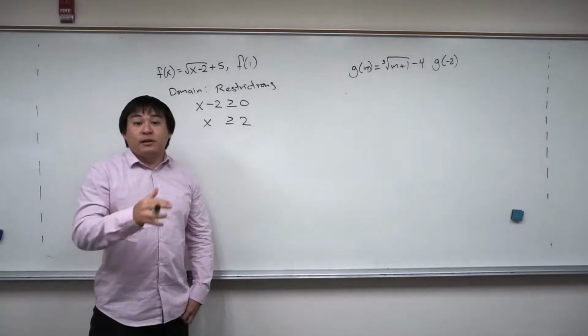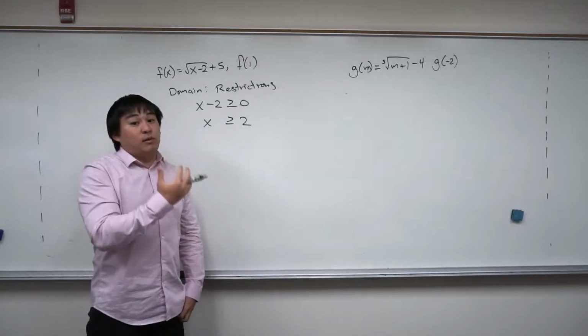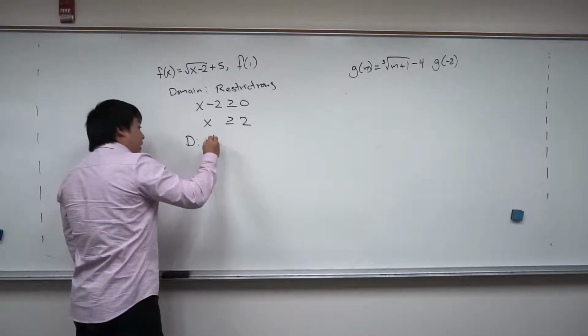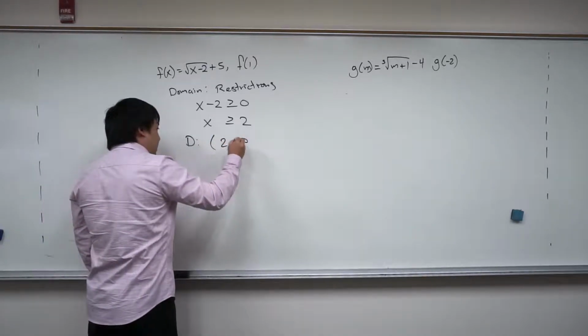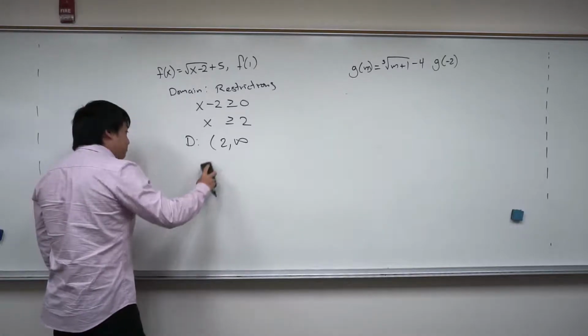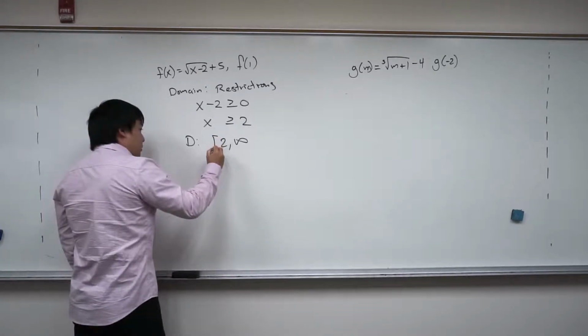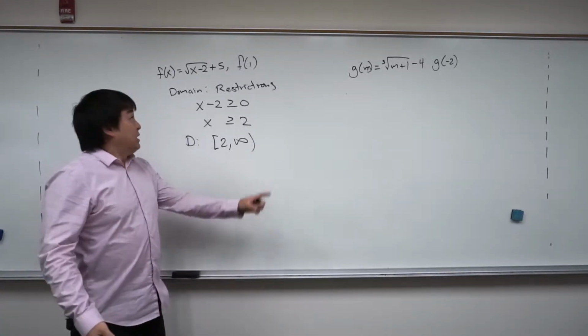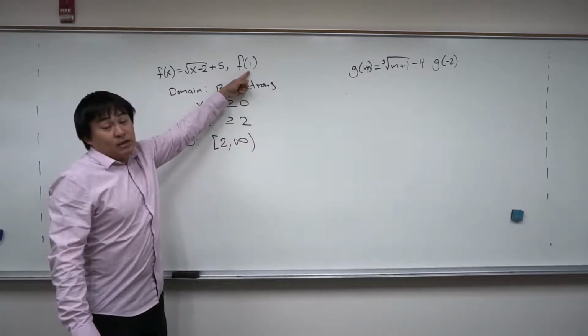When we have the domain written out, we need to write it in interval notation. So the domain is given by 2 to infinity, and this is actually a bracket because of that. Now the question is, is this in the domain?